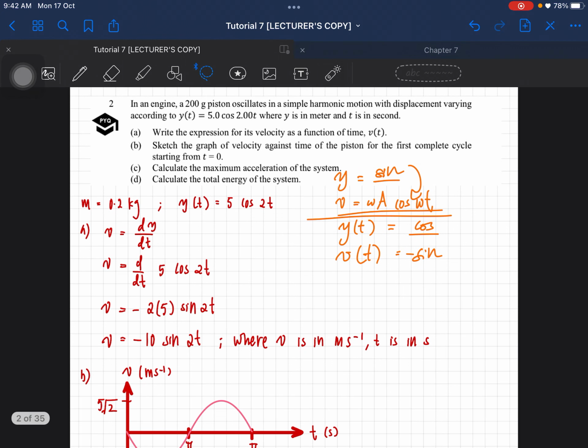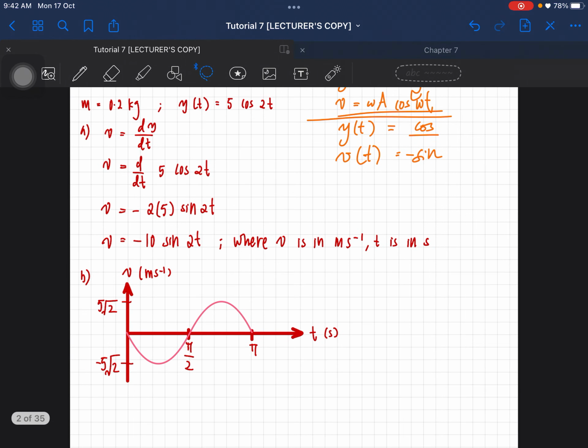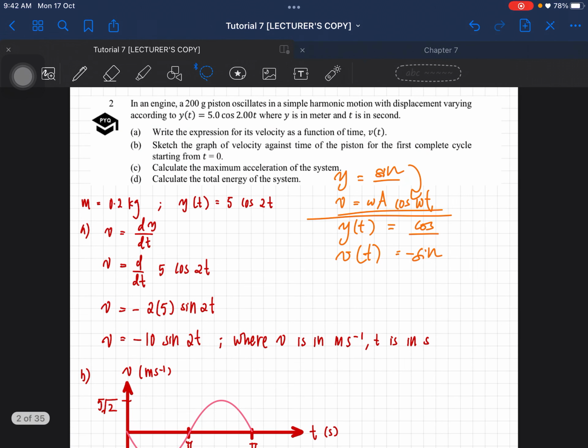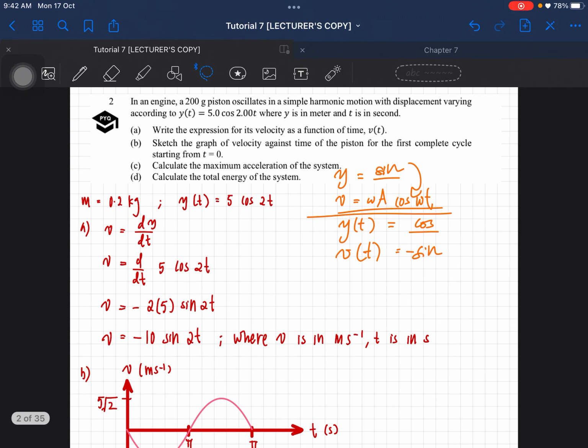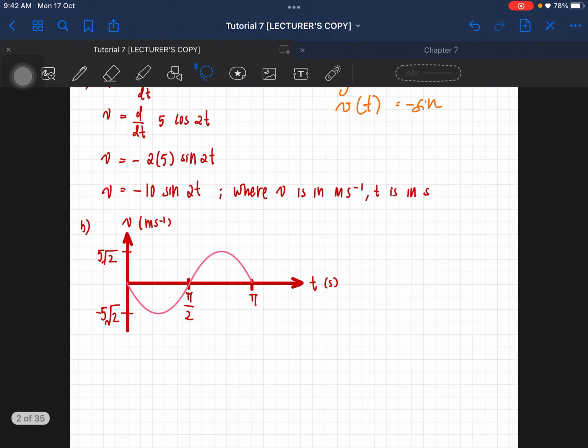Okay, so the period is for the first complete cycle. If we calculate T, it will be 2 pi over omega.